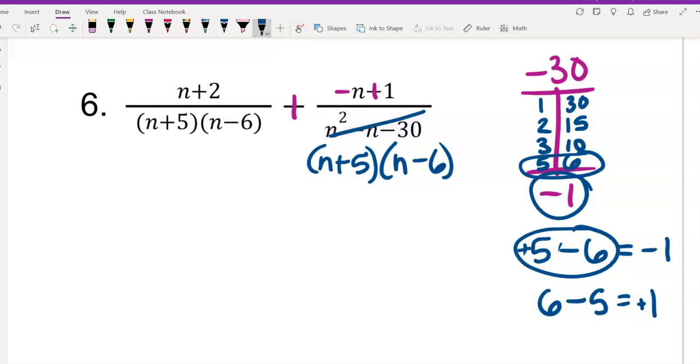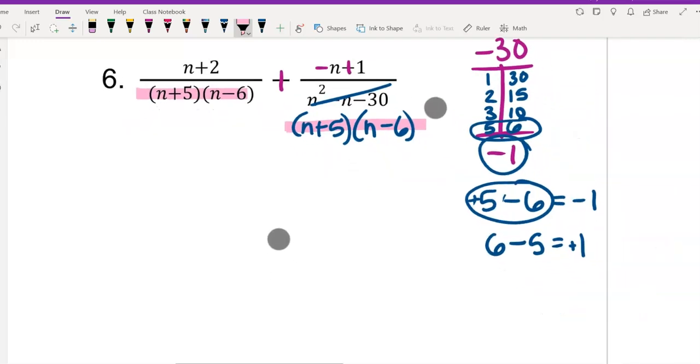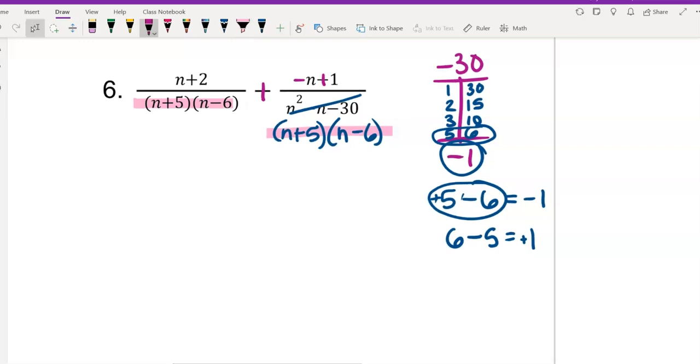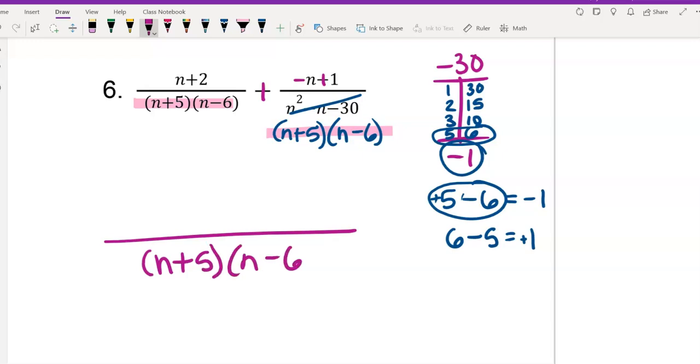All right, now our denominators are actually the same. So we do not need to create common denominators. They are already the same. So let's go ahead and take a big fraction, write our common denominator on the bottom. And now we can combine the numerators on the top.